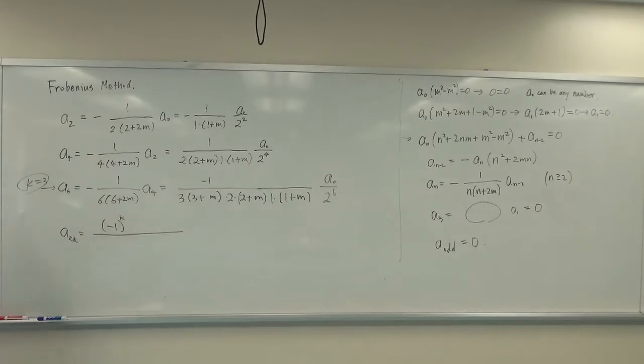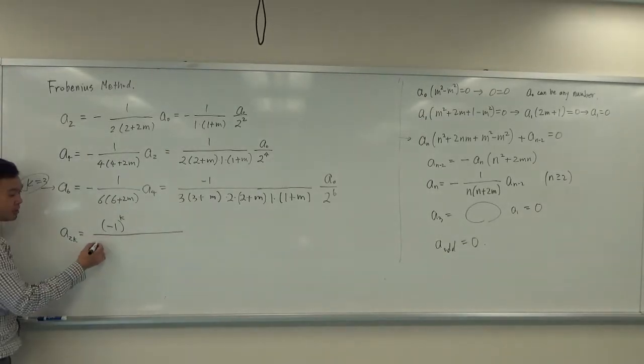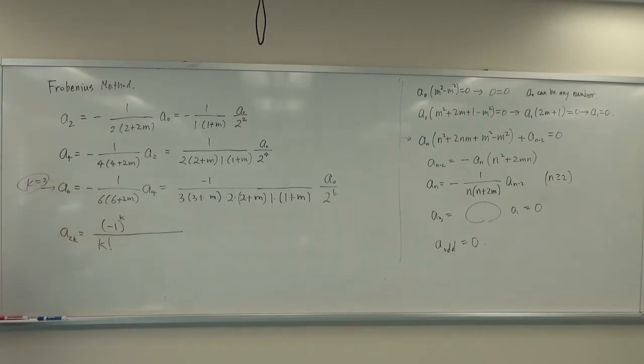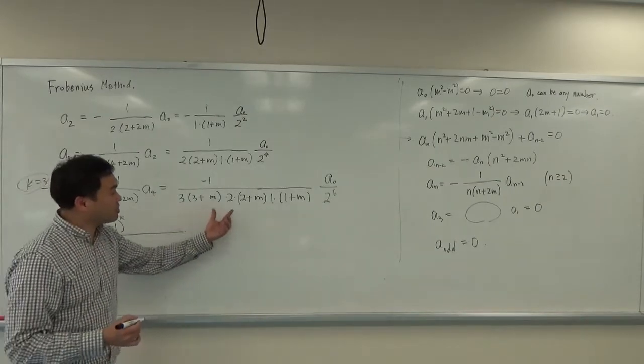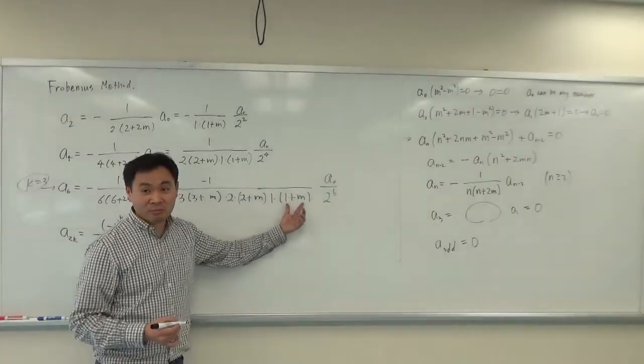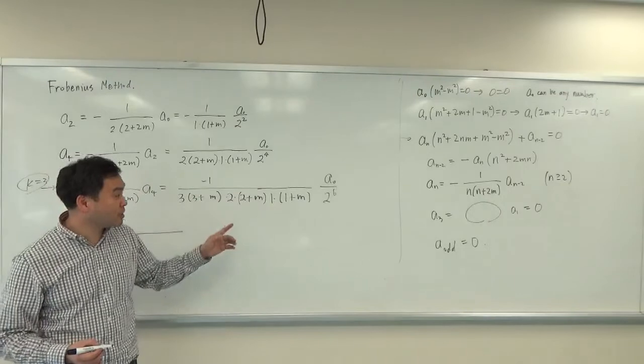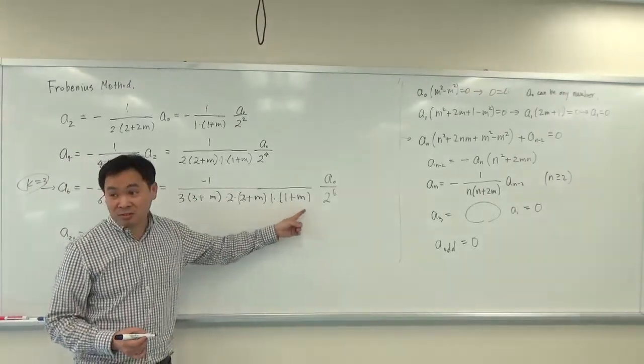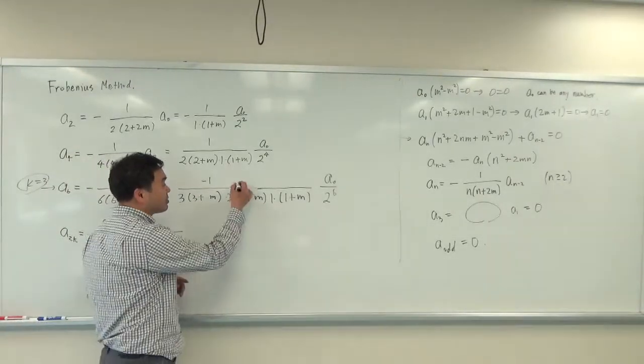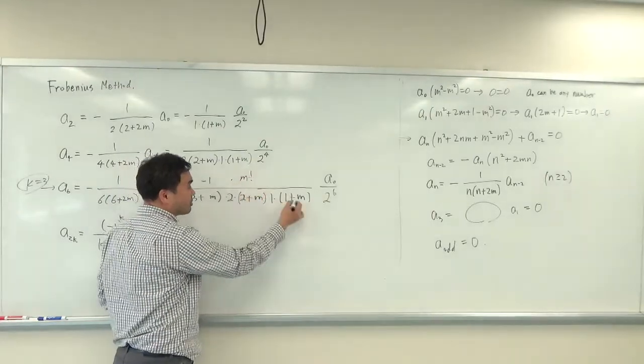What's that called? Factorial, right? That's factorial, so that's k factorial. And then you also have 3 plus m, 2 plus m, 1 plus m. Sounds really familiar. It's really similar to the factorial, except that if you want to make this a factorial, you better multiply top and bottom by m factorial.